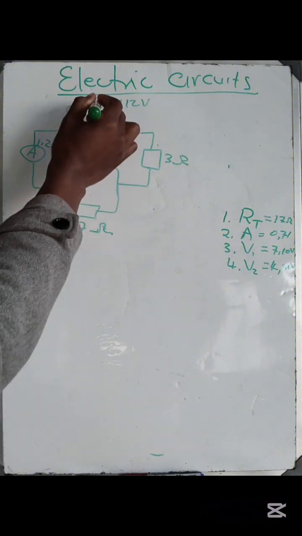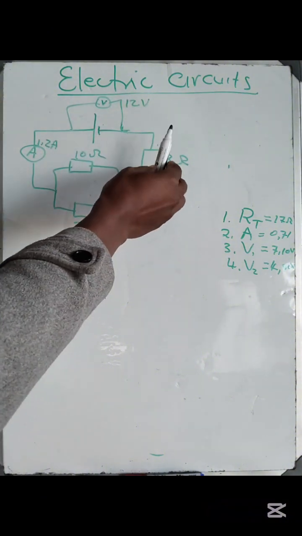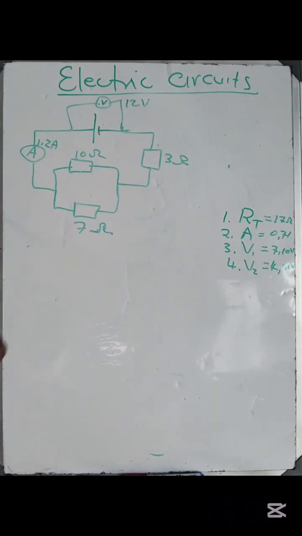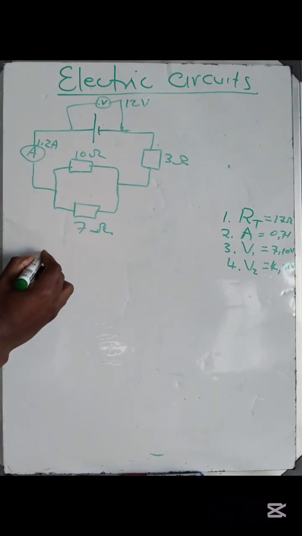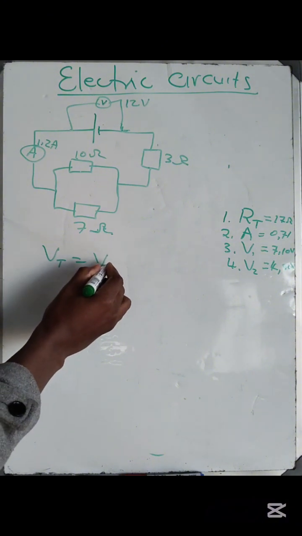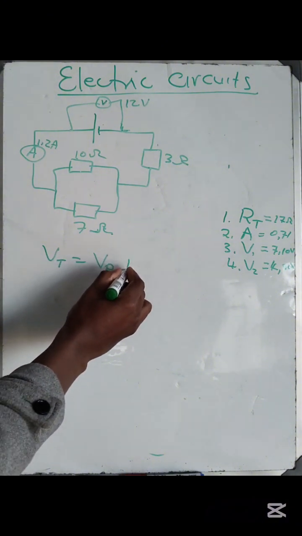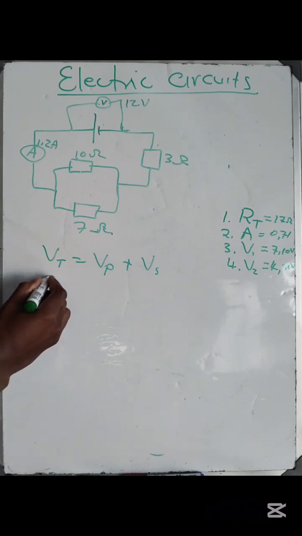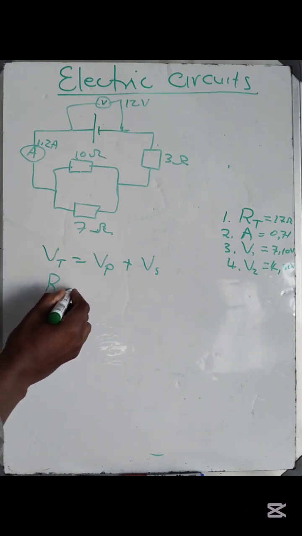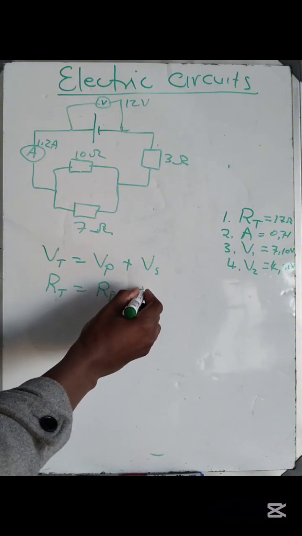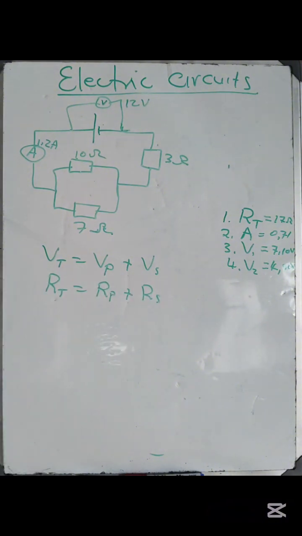This 12 is for this series and this parallel. So the total voltage will be equal to the voltage for parallel plus the voltage for series. The total resistance of this one will be the resistance for parallel plus the resistance for series.